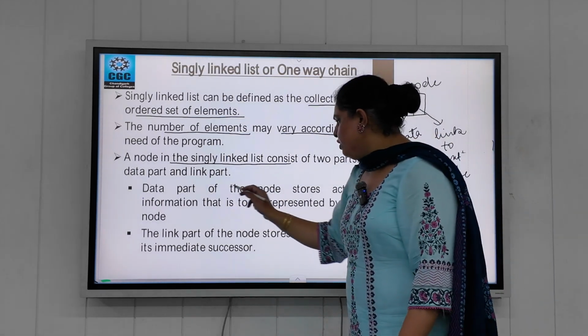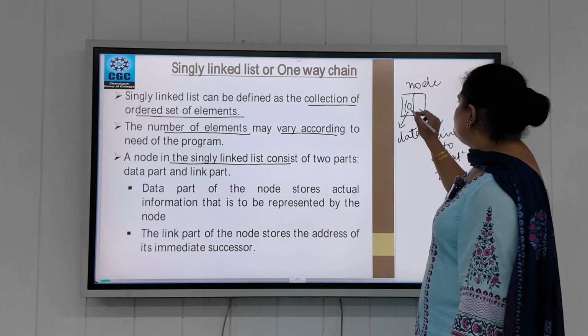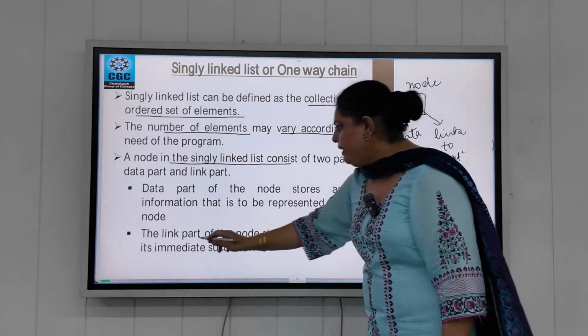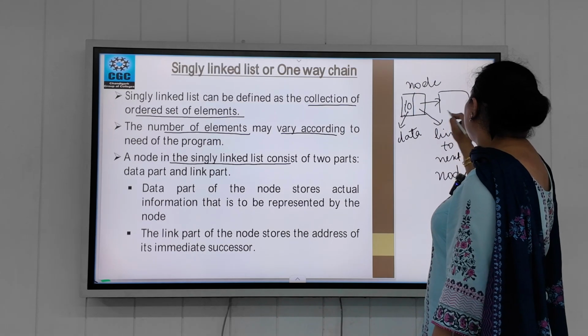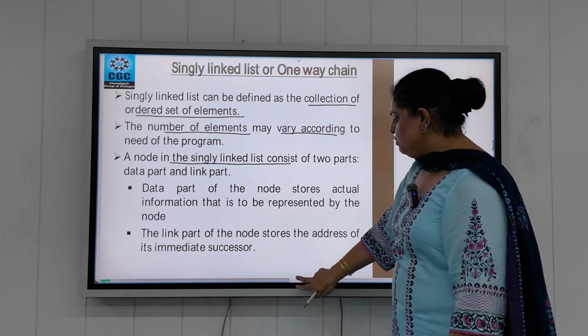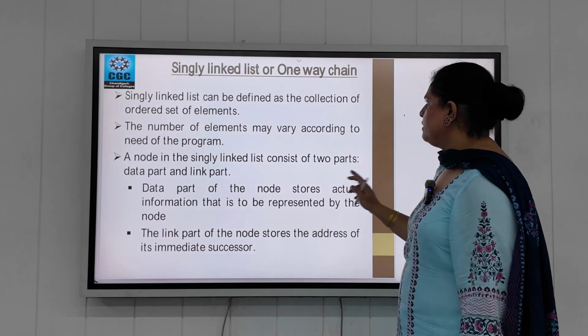The data part of the node stores the actual information, like over here we are going to store 10, and the link part will include the address of the next node. So this will be the structure of a node in the linked list.